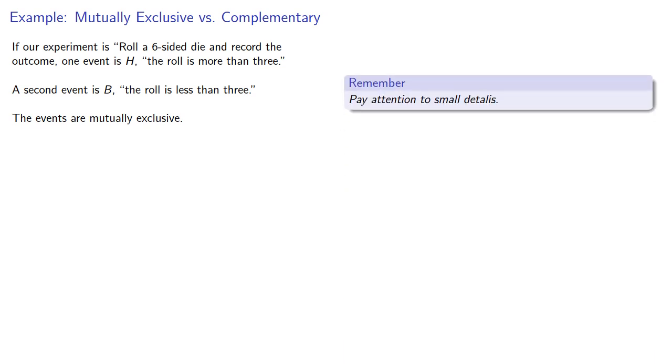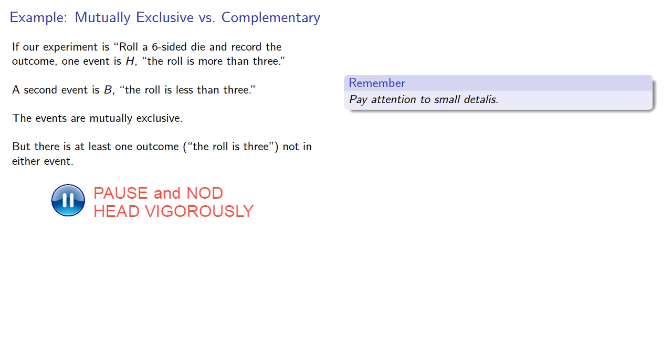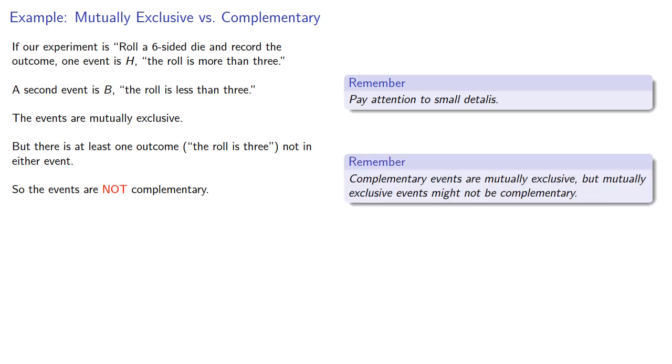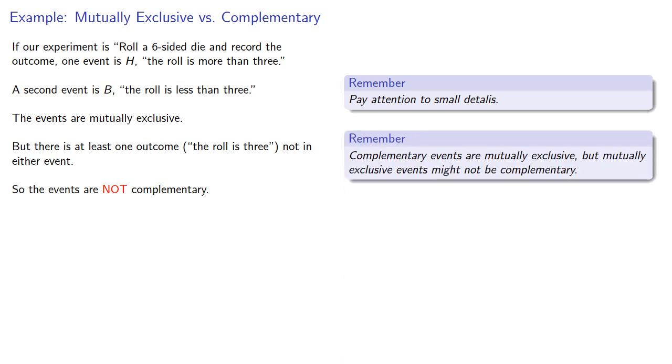There is at least one outcome, the roll is exactly 3, which is not in either event. And so the events are not complementary. And so it's useful to keep in mind that complementary events are mutually exclusive. But mutually exclusive events might not be complementary because together they might omit some outcomes.